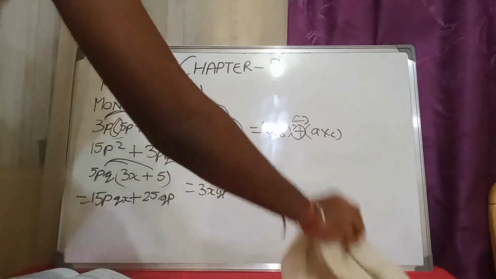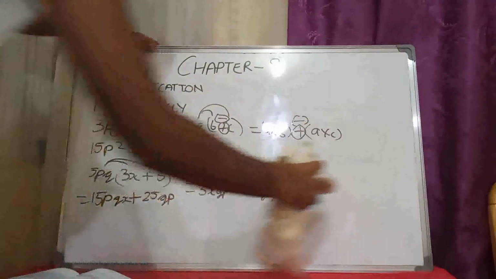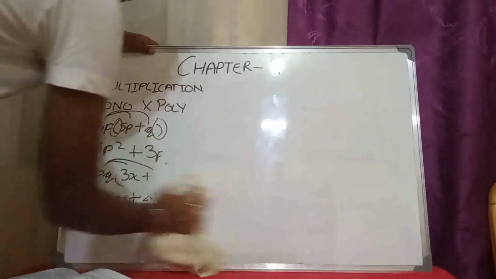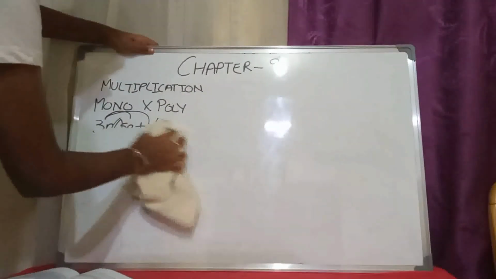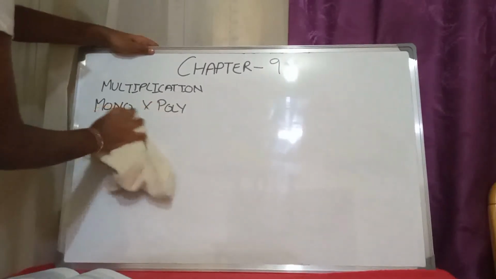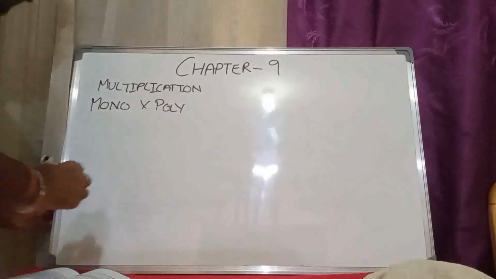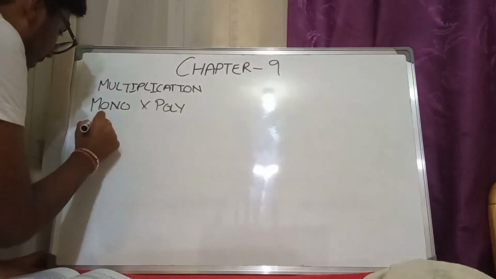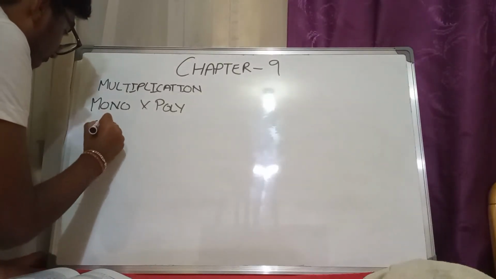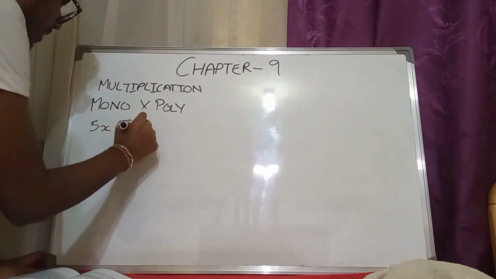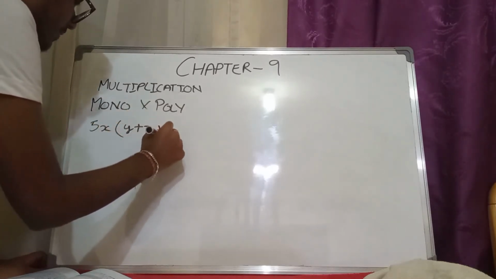Now we will be seeing how to do a monomial with a trinomial. Now we saw it with a binomial, now we will see with a trinomial. It's the same thing. For example, let's take 5x into (y plus z plus p).